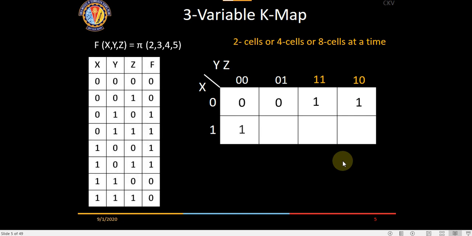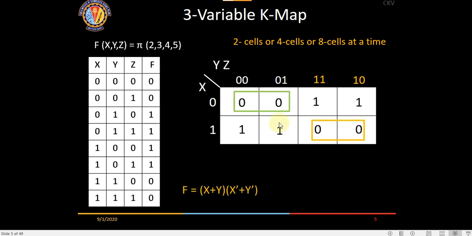This is one more example so that we get our ideas further clear. How many boxes? 2, right? These and this. The expression for this will be x, since 0 stands for x, and here z is changing, y is 0, so y.